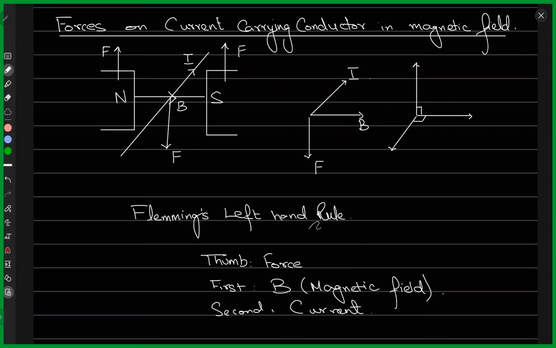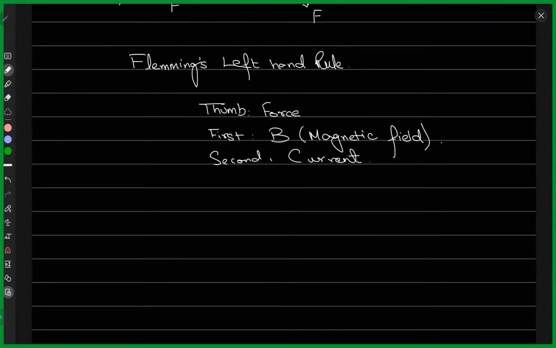And Fleming's left-hand rule is what helps us in determining these quantities such as force, magnetic field, and the current through the conductor. So for example, if I know the current and the force, then I can determine the magnetic field. If I know current and magnetic field, I can determine force, and so on. A lot of other possibilities as well. So that's where we left off last time.